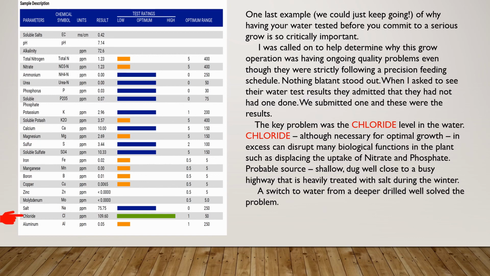And you can see the levels being far higher than were healthy for that plant. As soon as we switched them to a water source from a deeper well that showed a chloride level within acceptable boundaries, the problems disappeared.